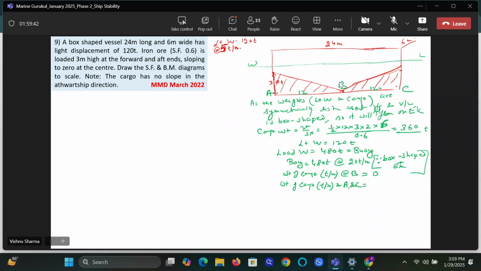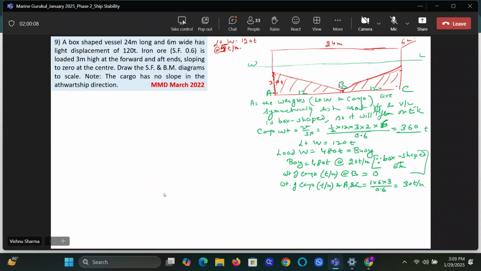Can you please calculate? It will be 1 meter length multiplied by breadth of 6 meters multiplied by the height of 3 meters divided by stowage factor of 0.6. How much does it come? 30, sir. 30 tons per meter.